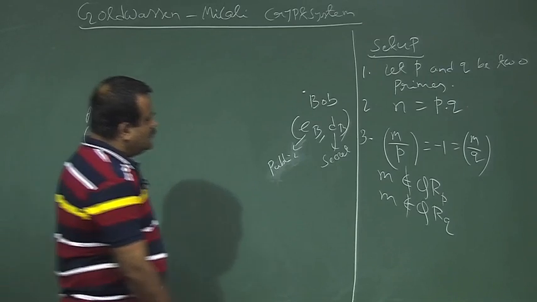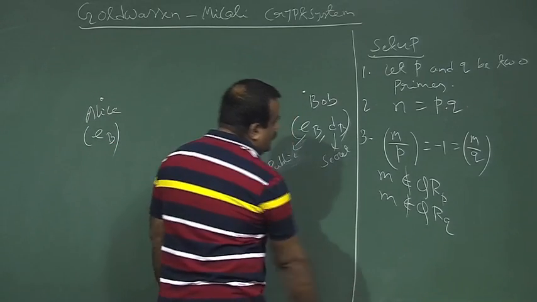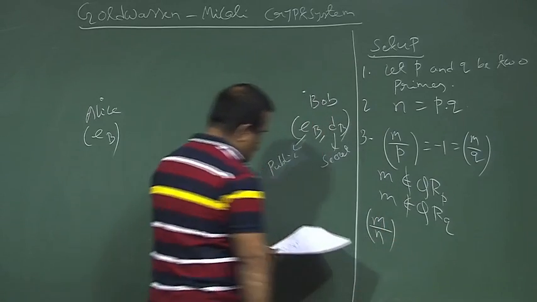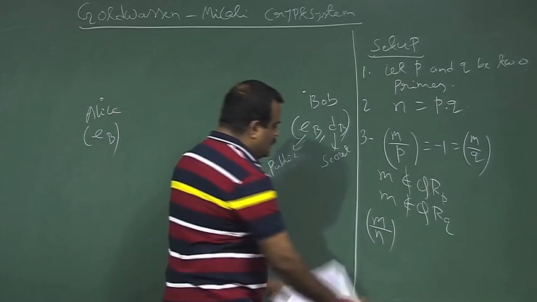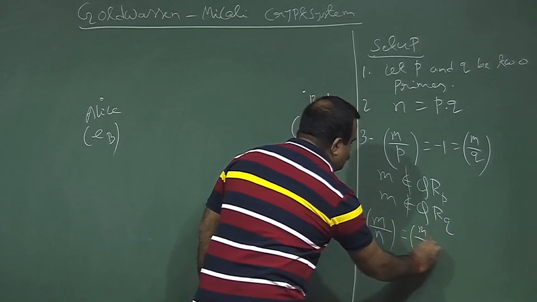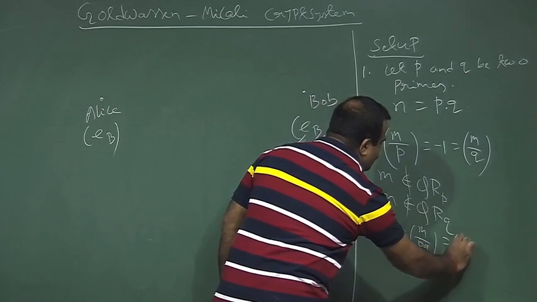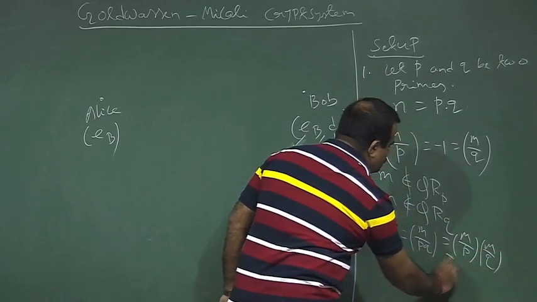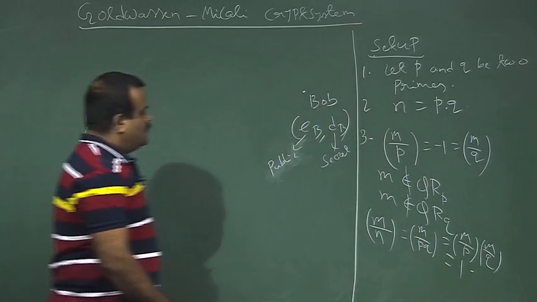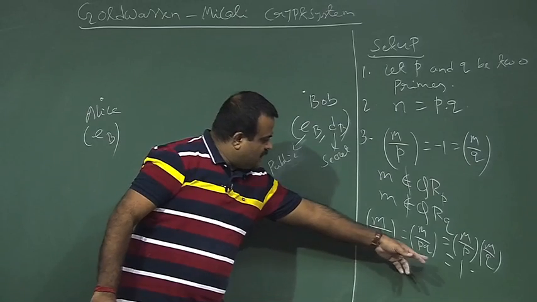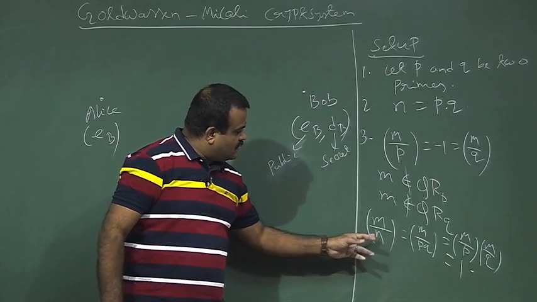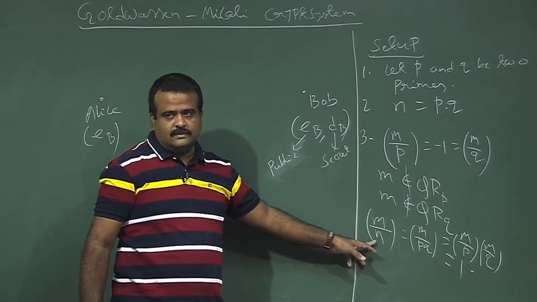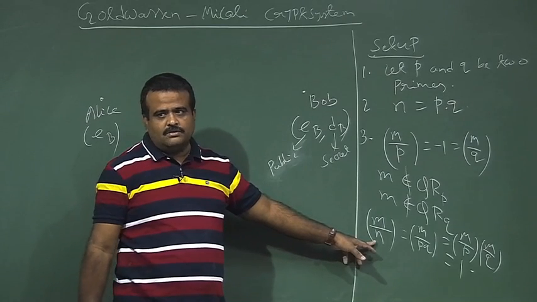But then what is (m/n)? Since n is equal to p q, (m/n) is basically (m/p) times (m/q), so this is 1. By seeing this we may guess that m could be a quadratic residue mod n.